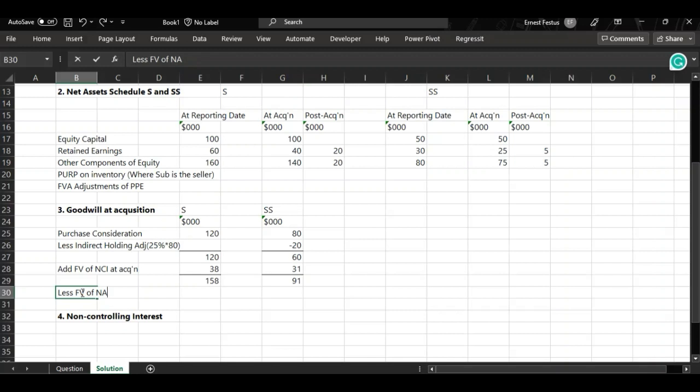So less the fair value of net assets at acquisition. This is supposed to be a negative value. The fair value of S at acquisition is 140. I'll bring it here. This one for SS is 75. I'll bring it here.